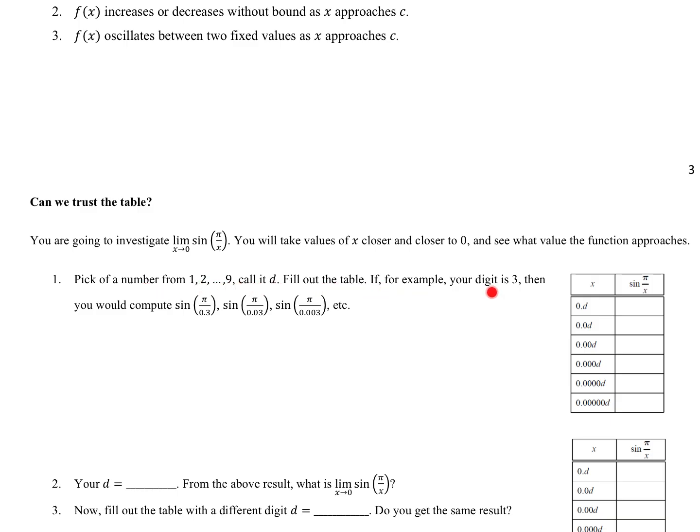For example, if your digit is 3, then you would compute sine of pi over 0.3. The next one will be sine of pi over 0.03. The next one will be sine of pi over 0.003, etc. So I'm going to start with this one.